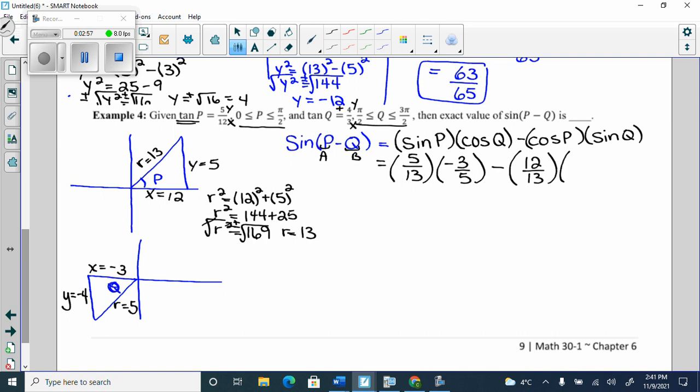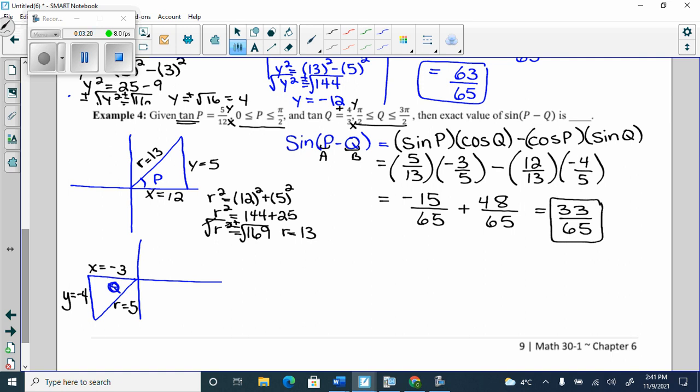Sine q, go to my q, y over r, negative 4 over 5. So we're going to get negative 15 over 65 plus 48 over 65, which gets you 33 over 65. Flip over to the next page, try the question at the top.